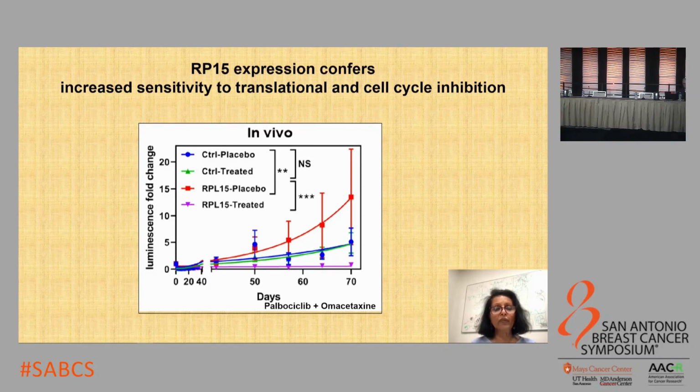We found that RPL15 overexpression in fact increases tumorigenesis, and we treated these mice with a combination of palbociclib as well as omacetaxine, which is a translational inhibitor. And we found while this combination had no effect in the control cells, it strongly inhibited the growth of these metastatic tumors that are formed by RPL15 overexpressing CTCs.